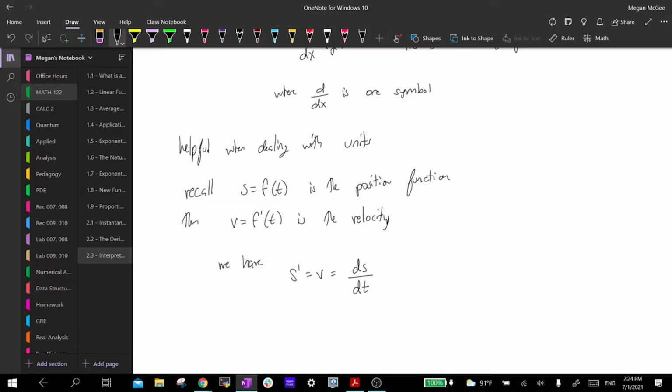Written in this notation, this reminds us that we have a change in position, remember that was our s, over a change in time. So our units here would be position over time, or distance over time. And we know that is true for our velocity function.